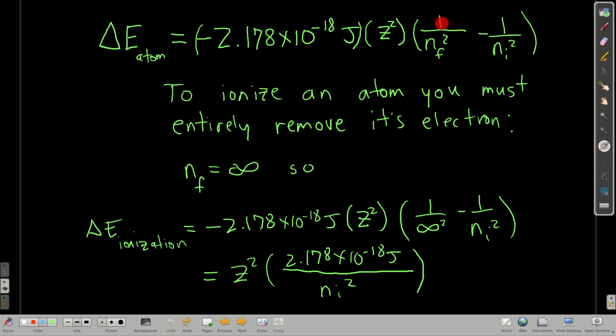And so basically this term goes to 0. And the ionization energy for a hydrogen-like atom simplifies to Z squared times 2.178 times 10 to the minus 18th joules over n initial squared. This term goes to 0, and the negatives cancel, and we get this. So, good equations to know.